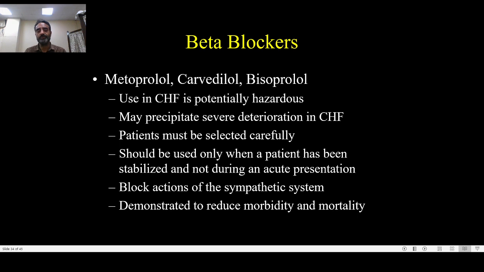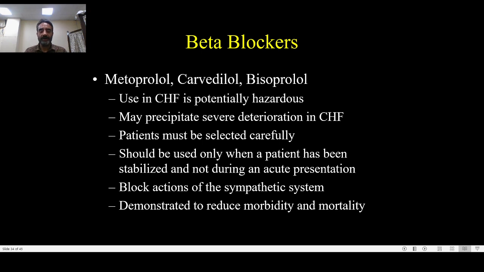Beta blockers are useful in congestive heart failure, but only in a specific set of patients, because otherwise they may precipitate severe deterioration in congestive heart failure. So patients must be selected carefully, and beta blockers should be used only when a patient has been stabilized and not during an acute presentation when there is decompensated congestive heart failure. Then they can lead to further aggravation of the symptoms.